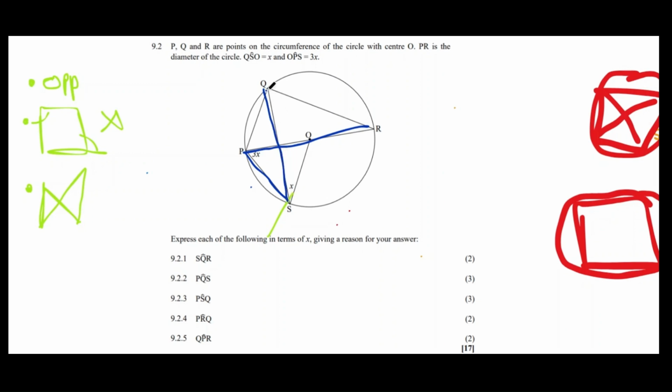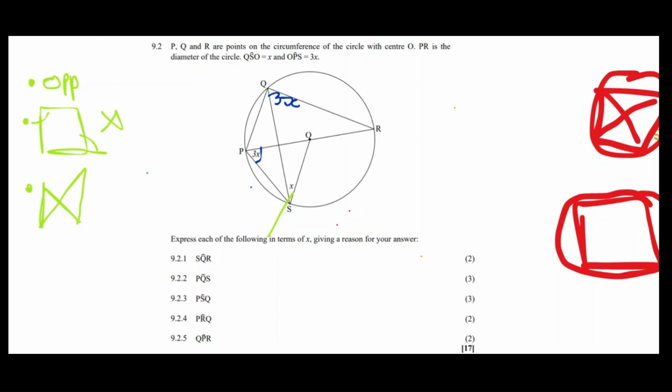So we've identified it. That means angle P is going to equal Q because of angles in the same segment. We can clearly see that P and Q are in the same segment, thus they're going to equal each other. Please mark them off as being equal. That means angle Q is also going to equal 3x, and angle S is going to equal R.